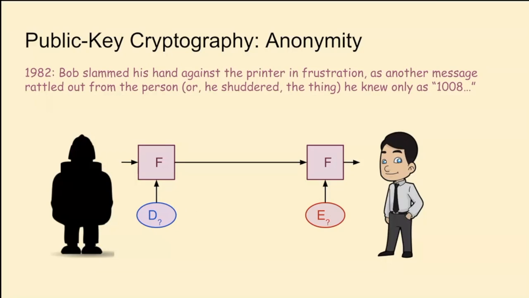And that person might not be Alice. That might be some shadowy figure just claiming to be Alice. Or it might even be some shadowy figure just admitting to be a shadowy figure. Somebody who simply said, hey, you don't know who I am, but if you ever want to communicate with me, here is my public key.